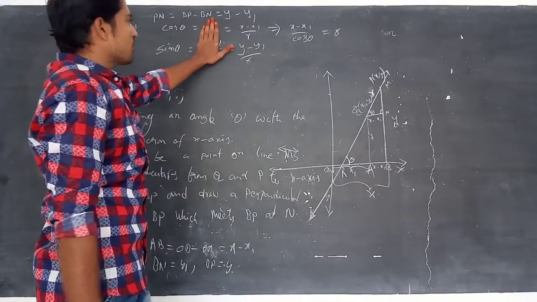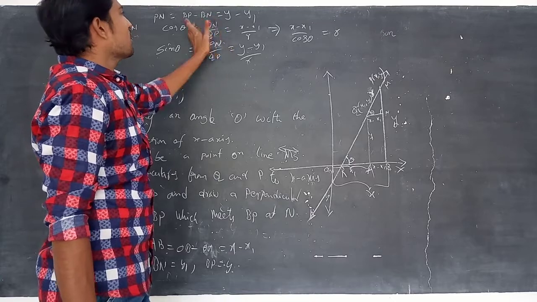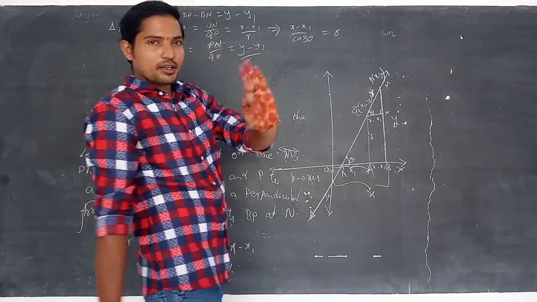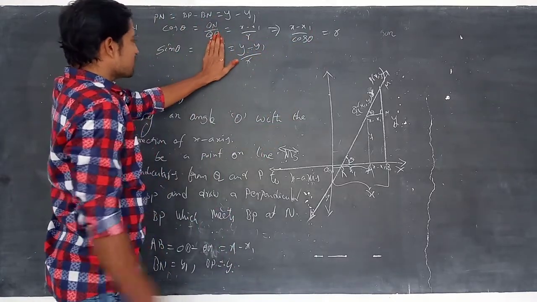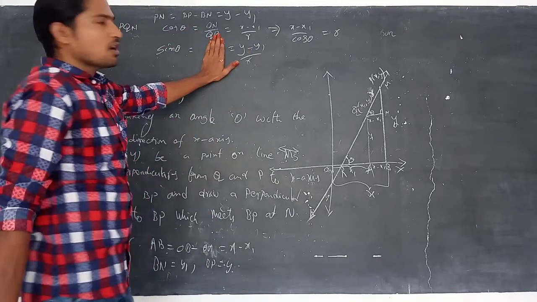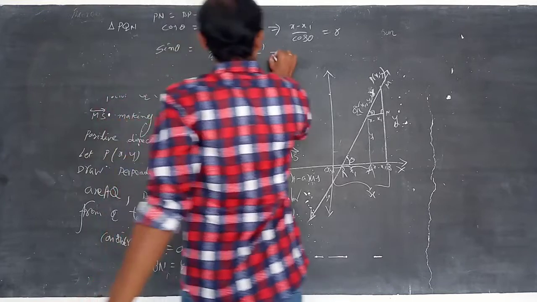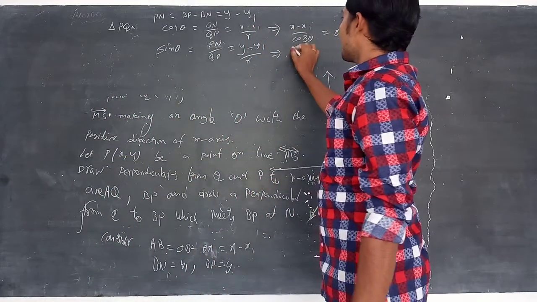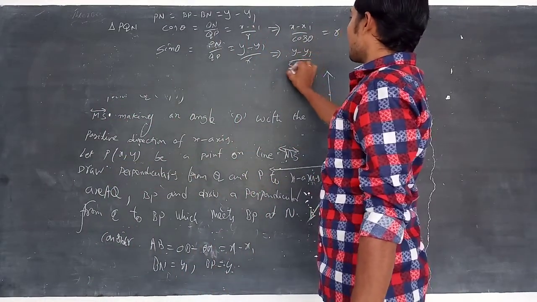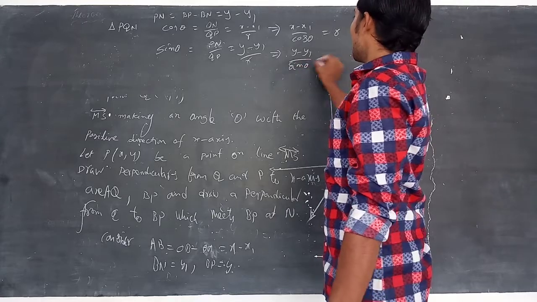Take the cross multiplication: r equals x minus x1 by cos theta. Clear? Like that. Similarly, r equals y minus y1 by sin theta, that is, y minus y1 by sin theta equal to r.